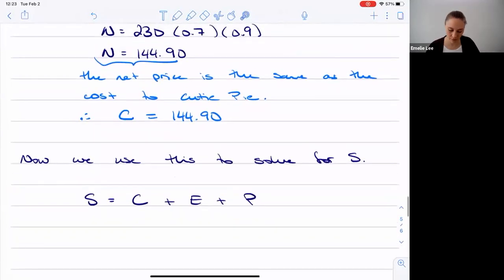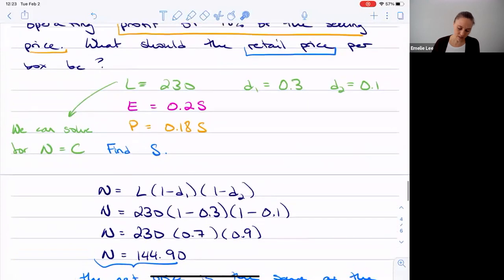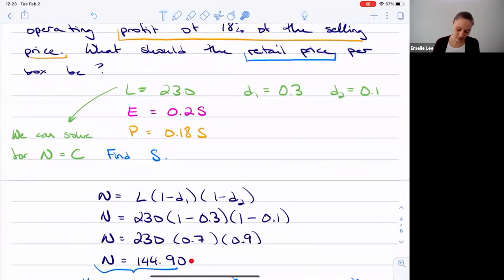Again, I'm using this formula because I have E and P broken up, so I'm not going to spend the time combining them to make M and then have S equals C plus M. That's the same thing, just making more work for myself. S is what I'm trying to find. C I just found to be 144.90.